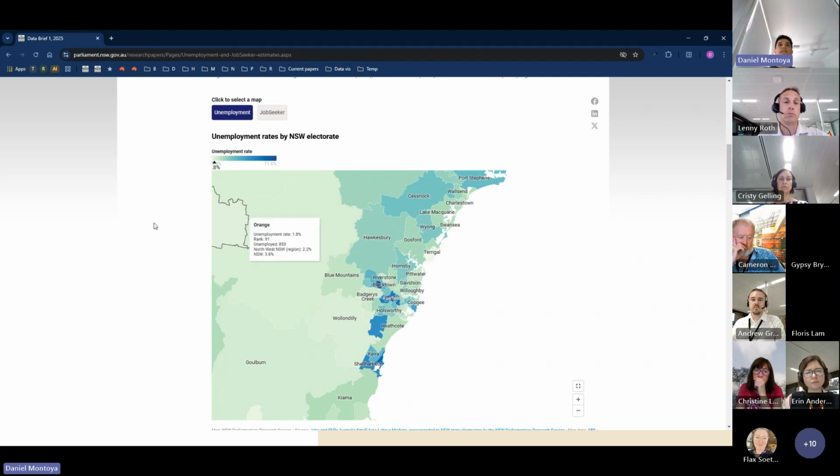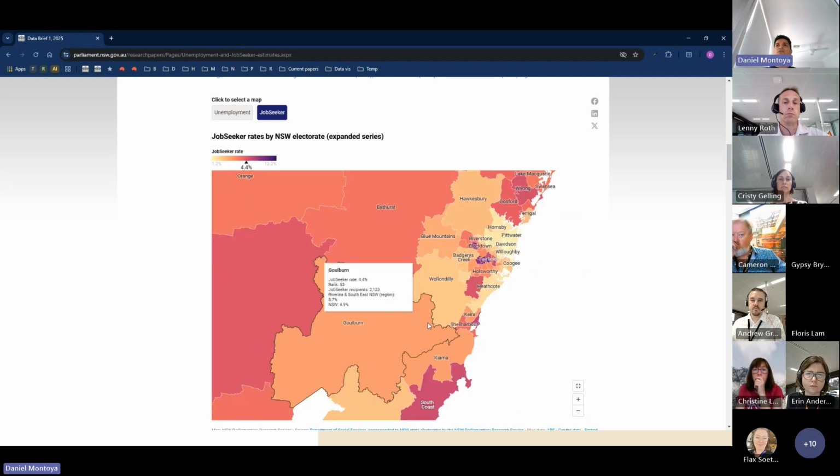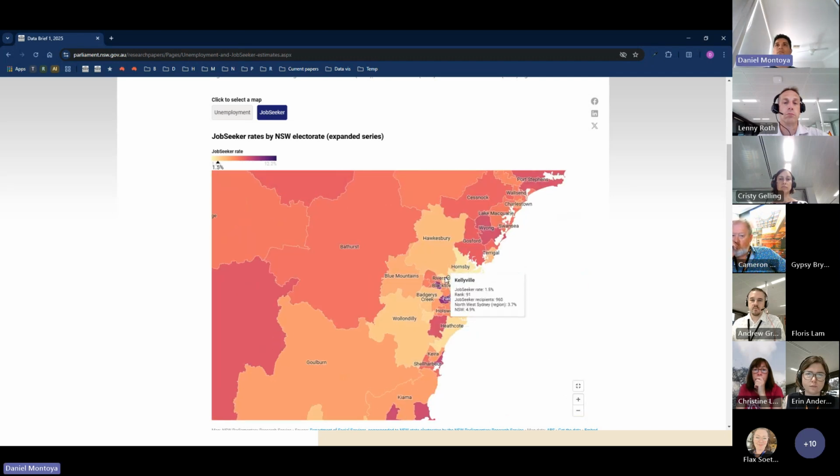The situation's a little different if you look at job seeker data. Here, the highest job seeker rates are generally found in North and Northwestern New South Wales, as well as in the same Sydney electorates of Mount Druitt, Fairfield, Cabramatta, and Liverpool.